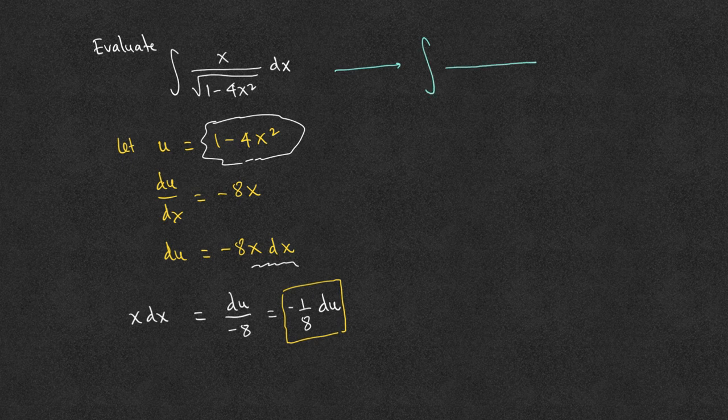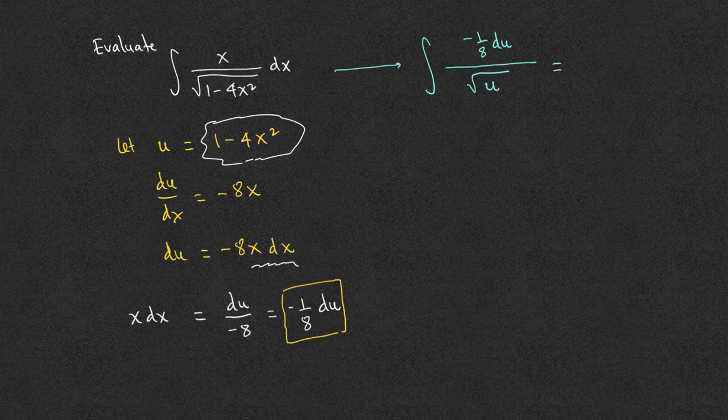The denominator is now the square root of u, because 1 minus 4x squared is u. The numerator is now x dx, and that is the only part that is left after we perform the substitution in the denominator. But x dx can be substituted with negative 1 over 8 du. This integral is now in terms of u only.